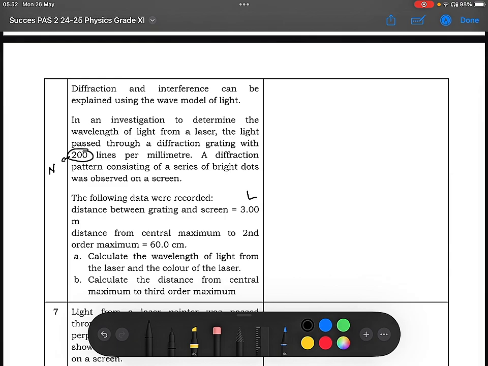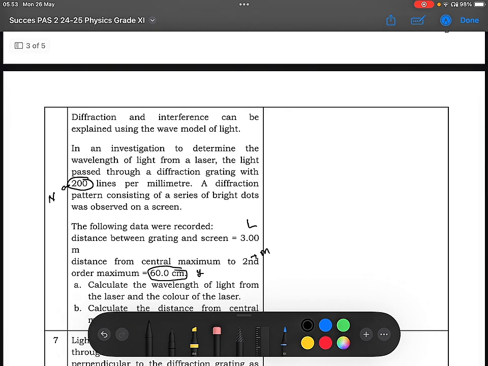The distance from the central maximum to the second order, this is the M. This one is the Y. Calculate the wavelength. You can remember the formula: Y per L is the same as M lambda.